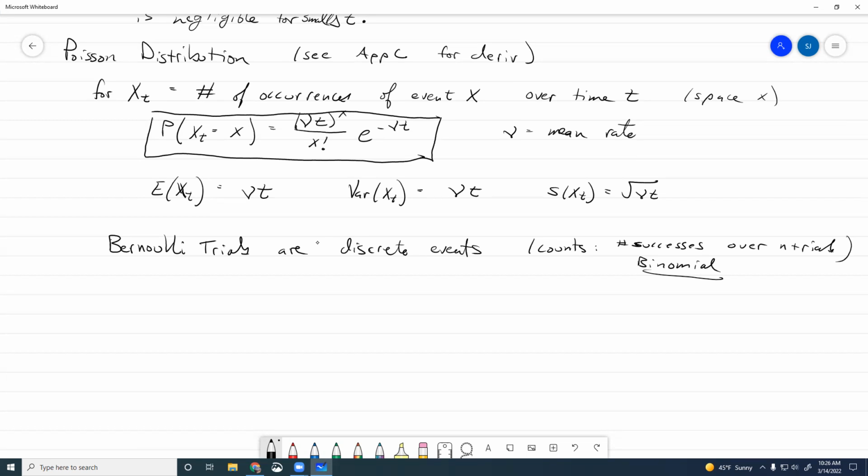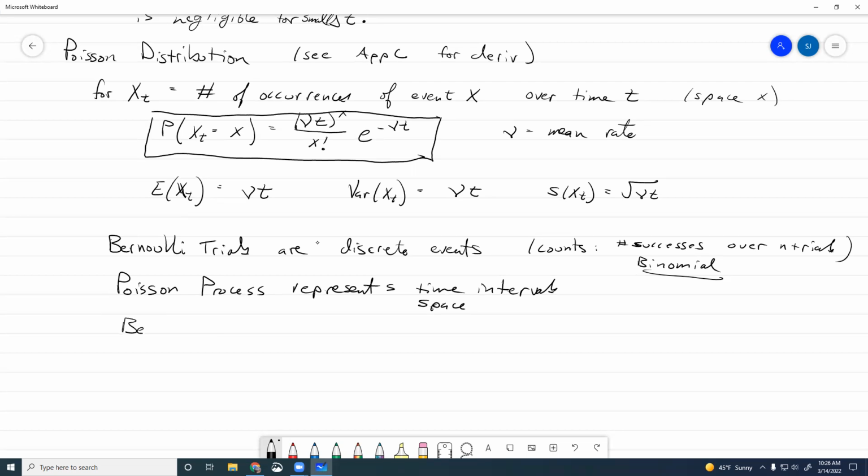Poisson works the same really as the Bernoulli, right? So Poisson process, it's not a trial, it's a process. That's kind of the way we define it. Instead of trials, it represents time intervals or space intervals.